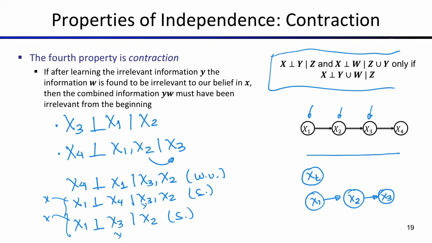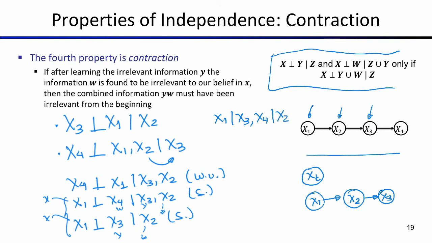We have x4, that's going to be our w, and x2 is going to be z. Alright, so we can work it, and using contraction get x1 is independent of x3 and x4 given x2.